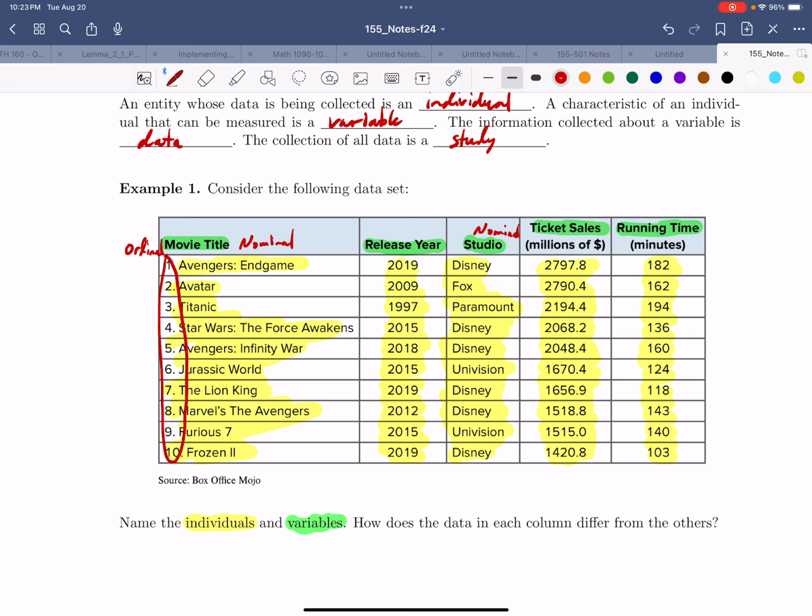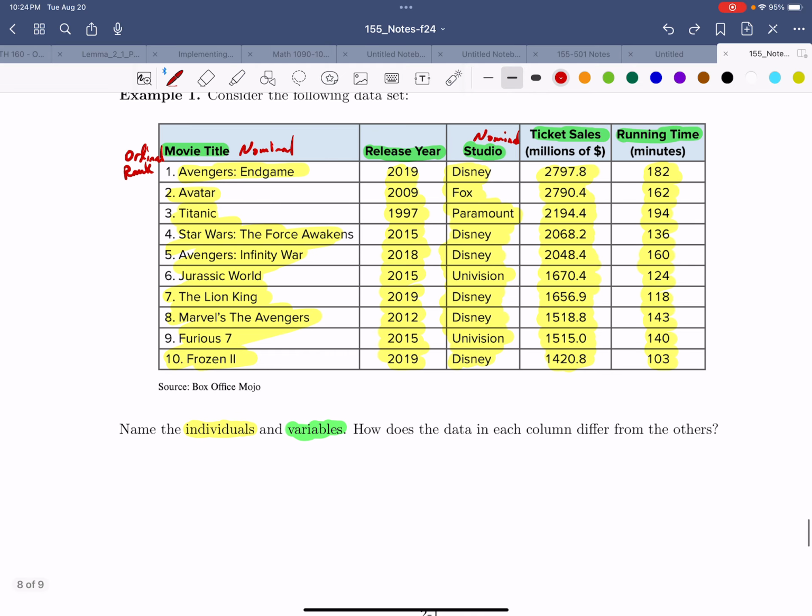Just to let you know, the book considers this whole thing to be ordinal. But just to be clear, the rank is what's ordinal. The name is nominal, right? So there's that.